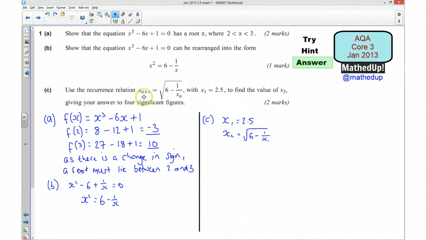X sub 2 is going to be the square root of 6 take away 1 over x sub 1, and I can work that out. That's the square root of 6 take away 1 over 2.5. That gives us 2.366431913.